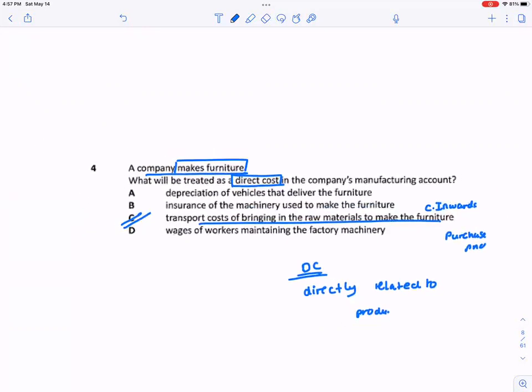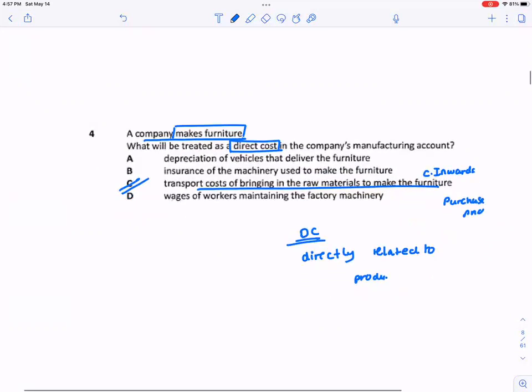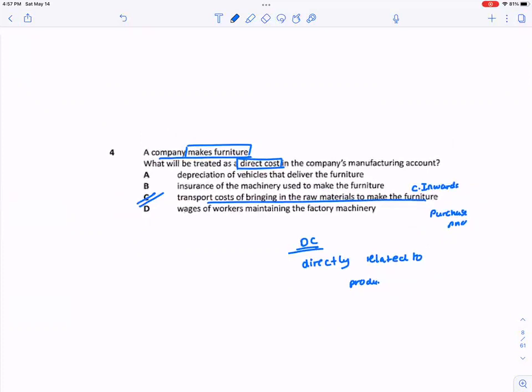Who had any doubt with this? Can you explain it once again? I didn't get direct cost clearly. Direct cost is direct material plus direct labor plus direct expenses. When I talk about direct material, we talk about direct material consumed.